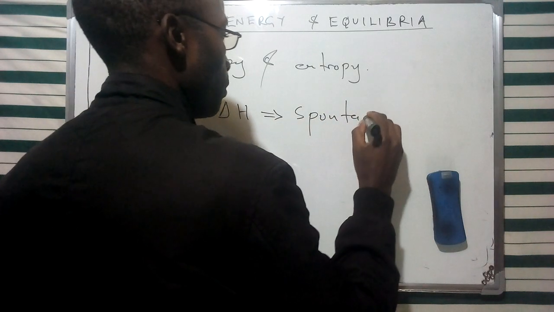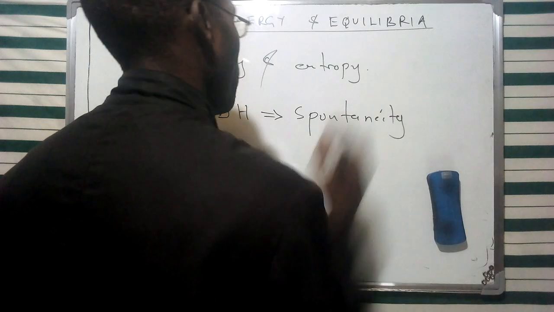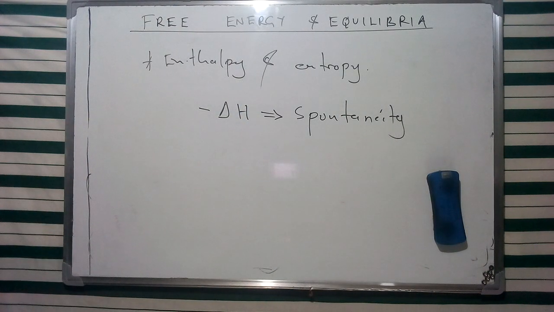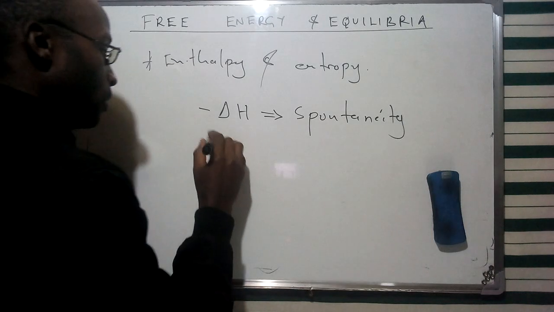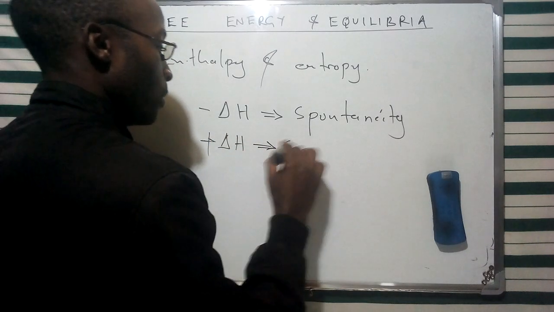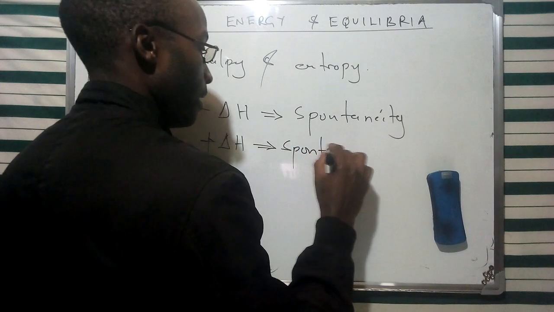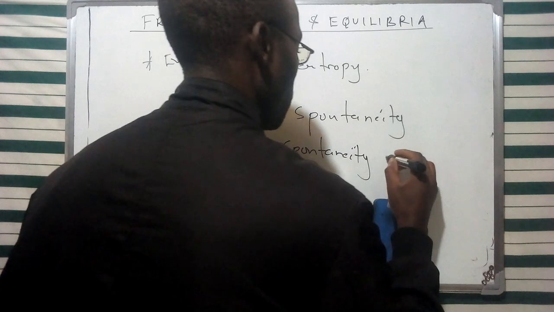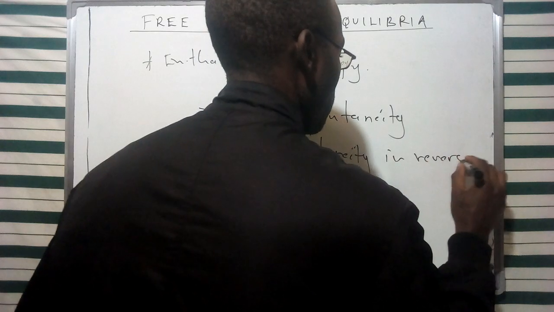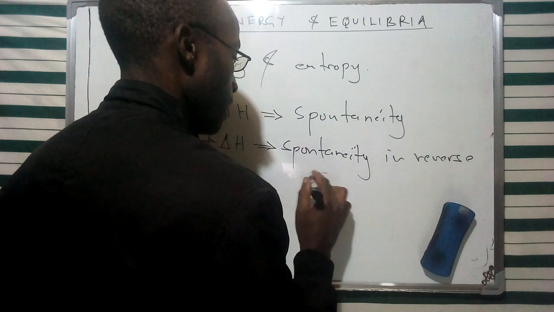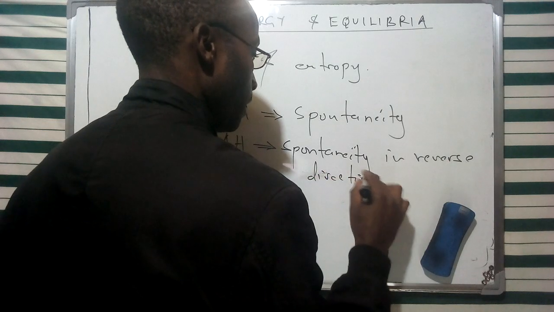So whenever we have this specific value for delta H, that is going to imply that the process is spontaneous. And then we're going to see that a positive value for delta H is going to imply spontaneity in the reverse direction, as I can just roughly put it.